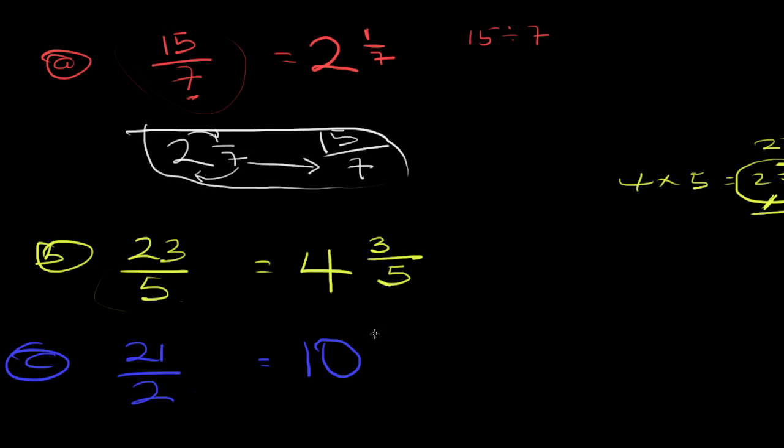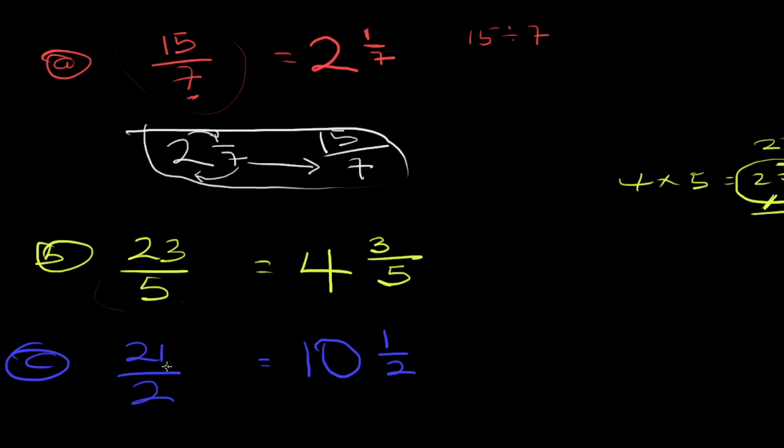So it leaves a remainder of 1. And then what is going to be the denominator? The denominator is 2. If you want to check your answer, you can just multiply and see, or change this one back to an improper fraction. So 2 times 10 is 20, plus 1 is 21 over 2. All right?